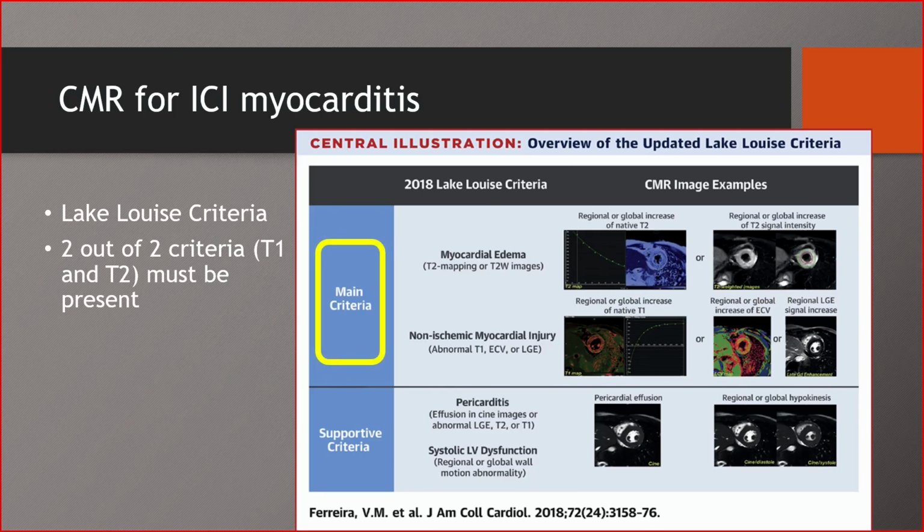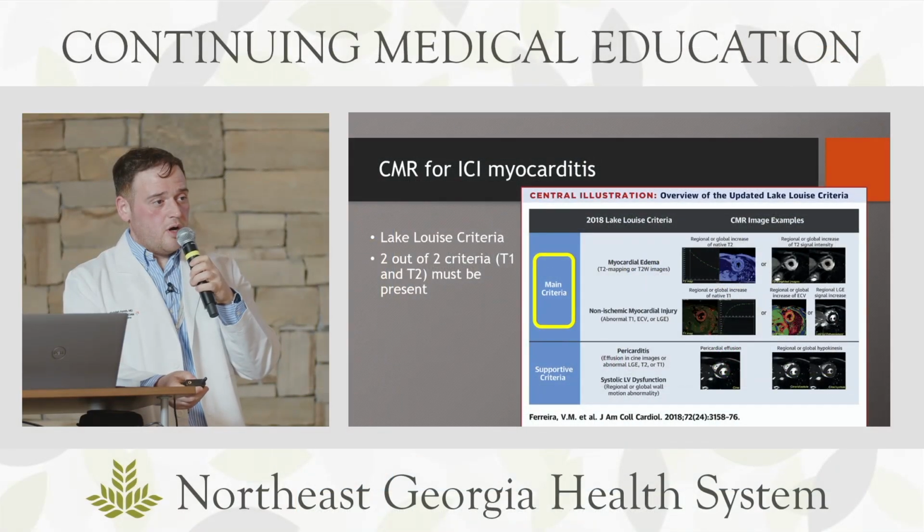The criteria that we should all be aware of is Lake Louise criteria. I don't know why it was called this way, but there are 2 main criteria that you rely on. There's T1 and T2 based findings. T1 is basically looking at your late gadolinium enhancement, ECV, like I mentioned earlier, that looks at non-ischemic myocardial injury.